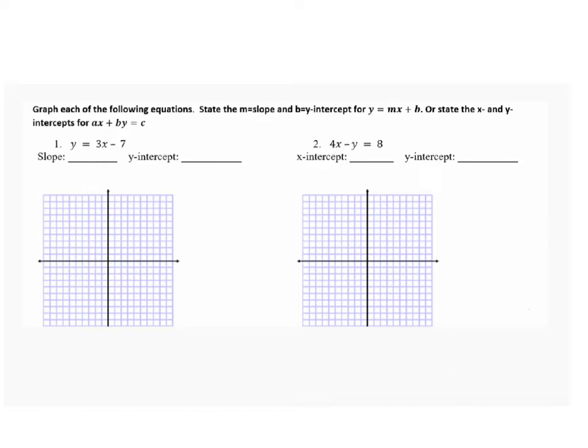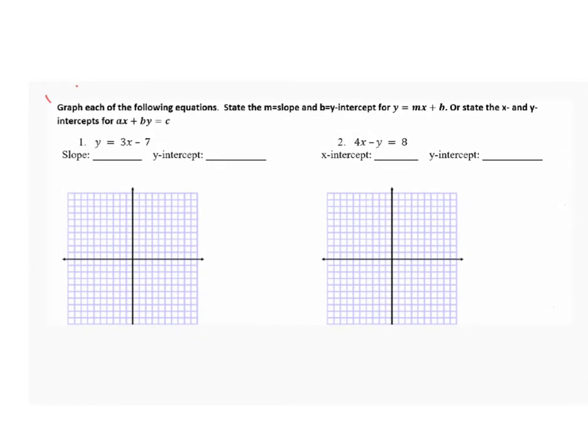All right, our first equation, number 1, is in the y equals mx plus b form. So when we have y equals mx plus b, remember that the slope is m, and b is the y-intercept.